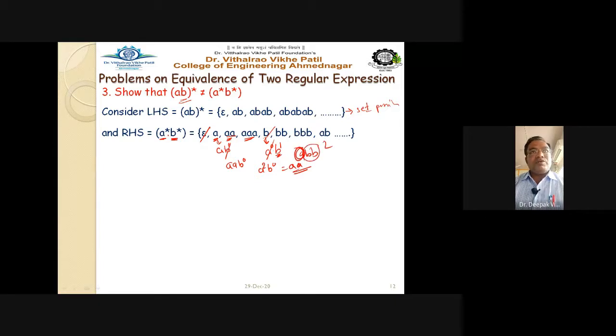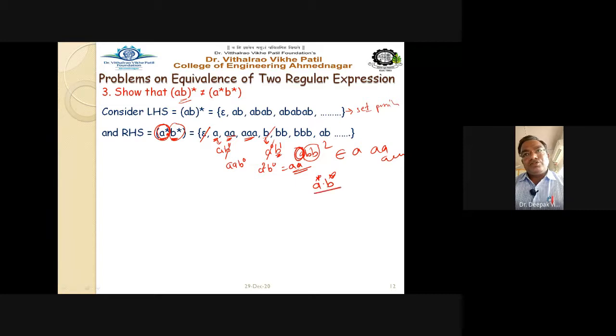Getting this point? So the star operator, or the closure operator, is very important. It can have 0 occurrence, meaning epsilon, the empty string, or it can have 1 occurrence, or 2 occurrences, or 3 occurrences. But this is nothing but A dot B, with A also star and B also star.